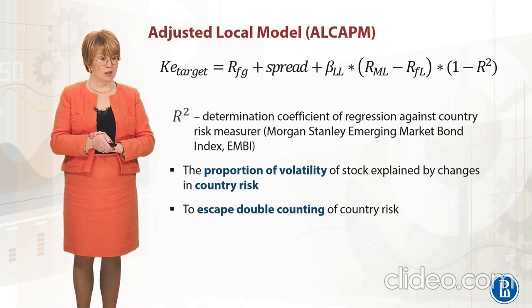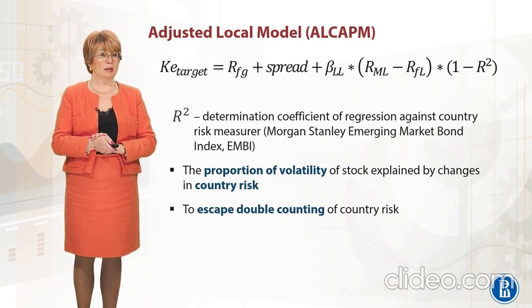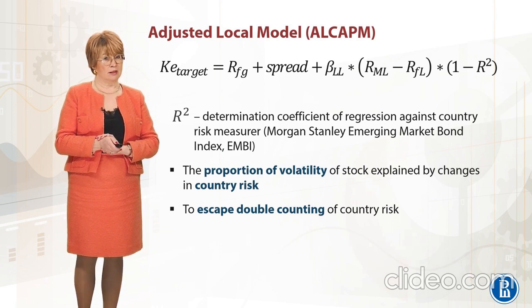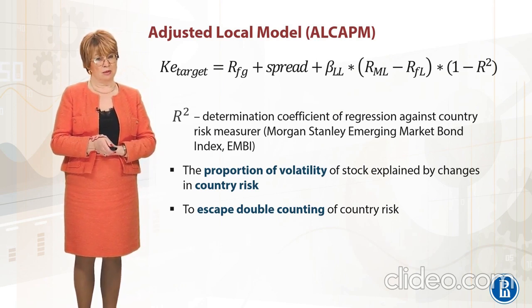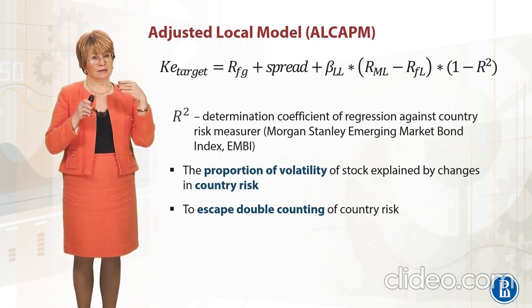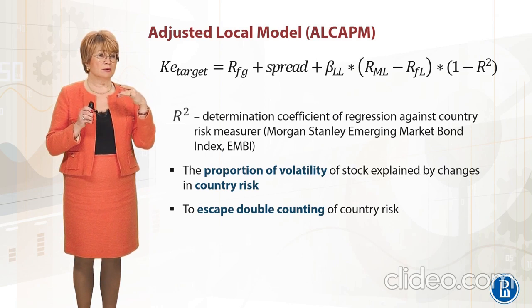Why should we multiply the second term of the equation, on the right-hand side? Because beta multiplied by the market equity risk premium already has inside the impact of the country risk.